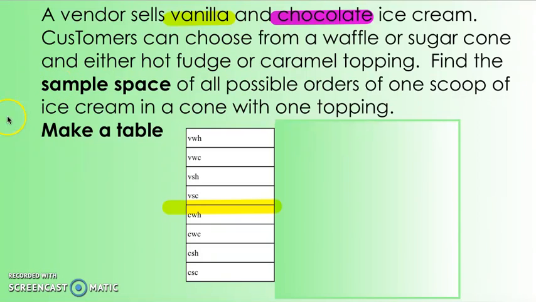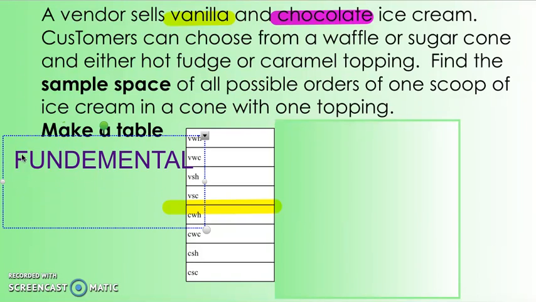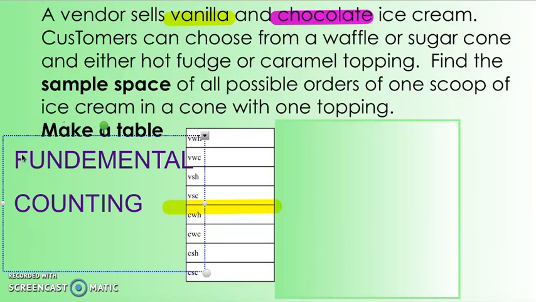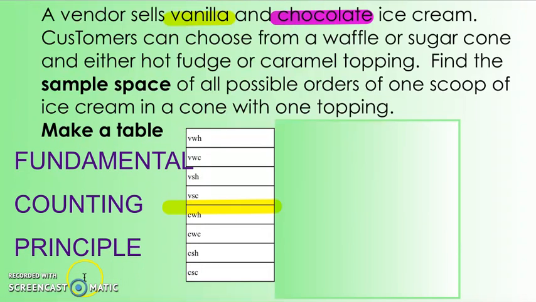And I can check my answer by using what we call the fundamental counting principle. What that is basically, all I'm doing is I take all my options and I multiply them together.